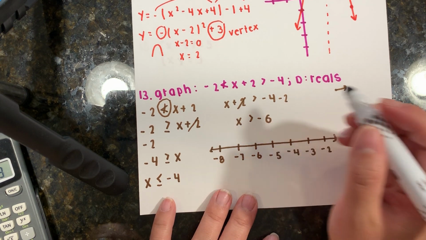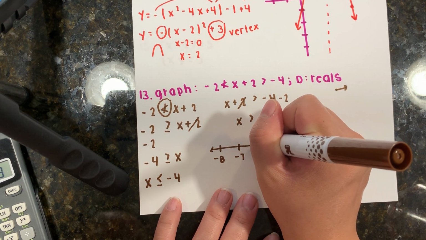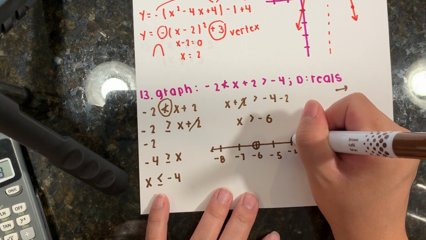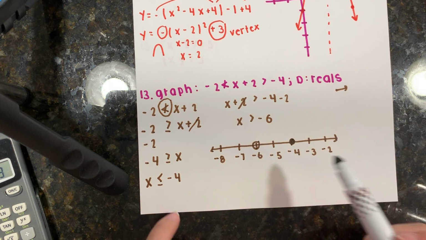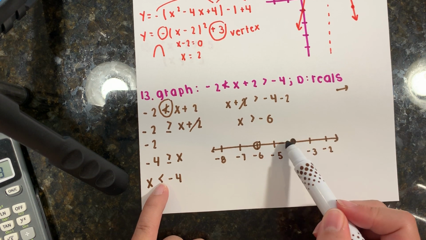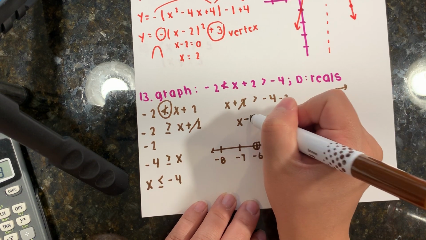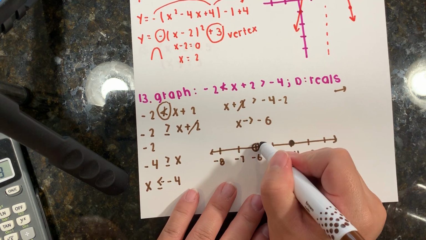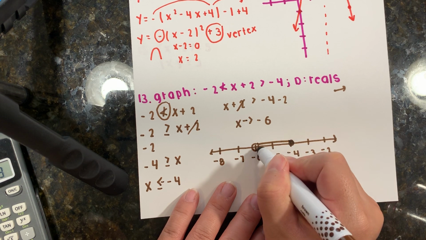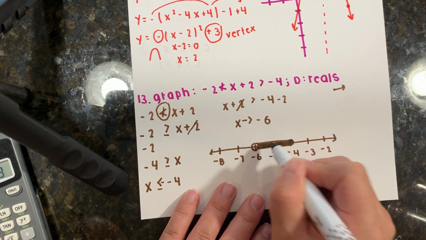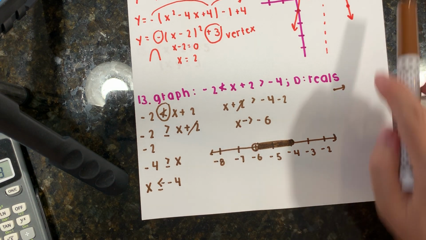So on -6, I am going to have an open circle. On -4, I'm going to have a filled-in circle. It says it's going to be less than -4, which is to the left, and it's going to be to the right of -6 if you put the line in the alligator's mouth, which means that we're going to connect our 2 points. And that is your number line.